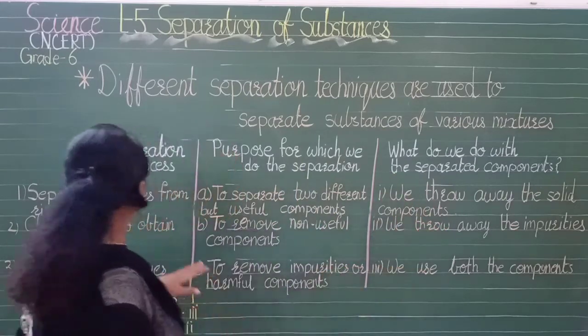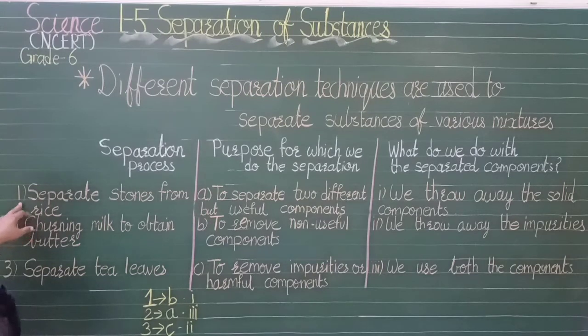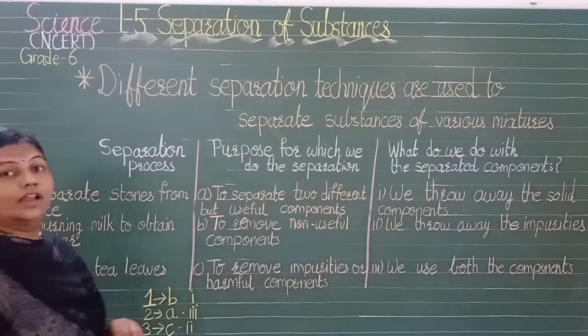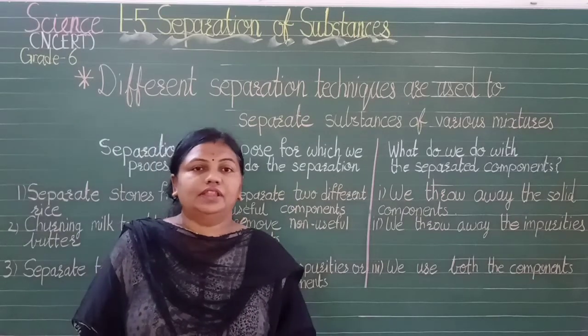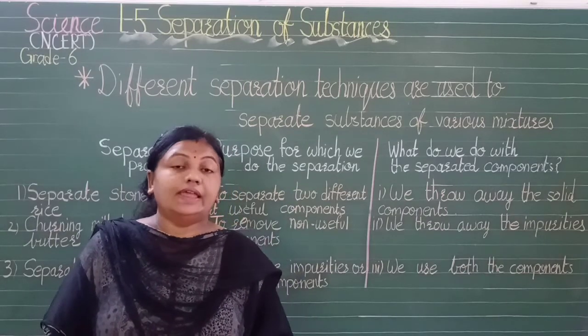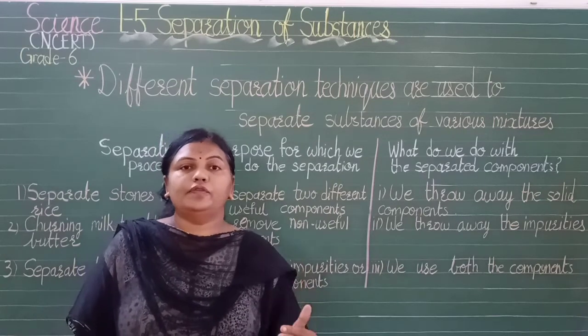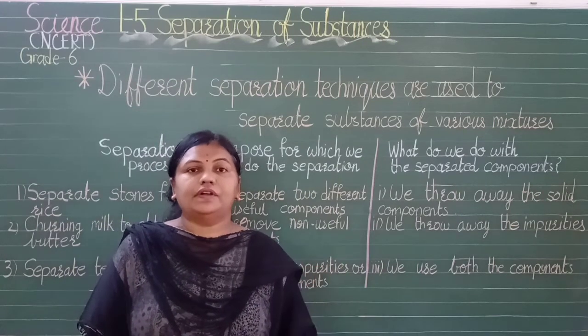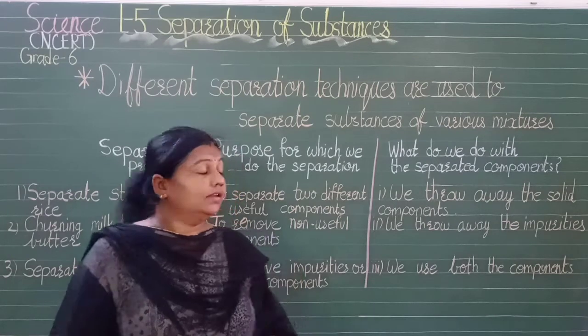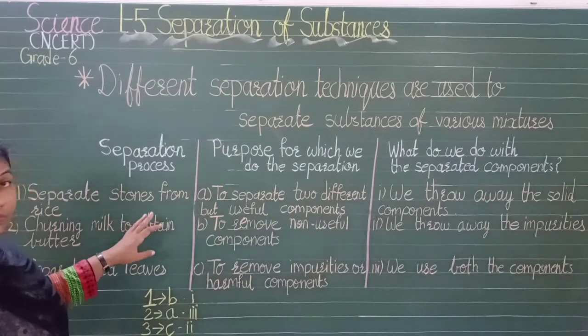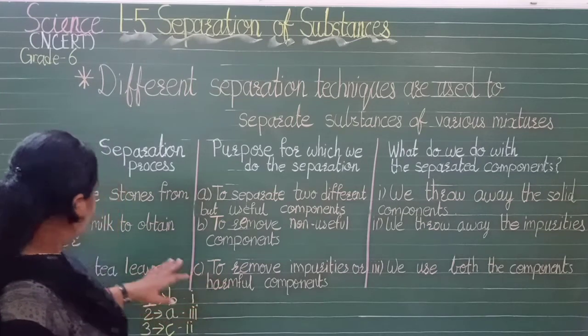Okay. So the first point is to separate stones from rice. Now you know very well, students, that we cannot eat the stones. It is very harmful for our body. So before cooking rice, it is required to be cleaned, and if stones are present in the rice, they should be separated.